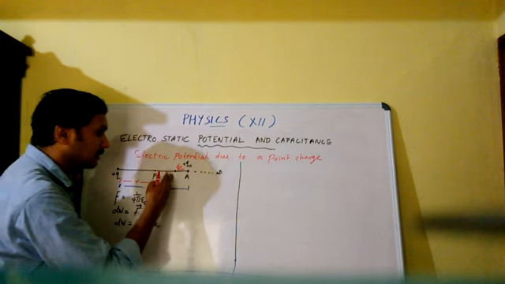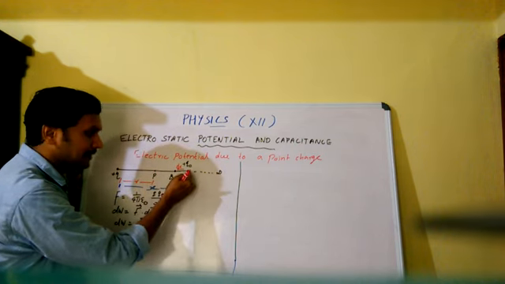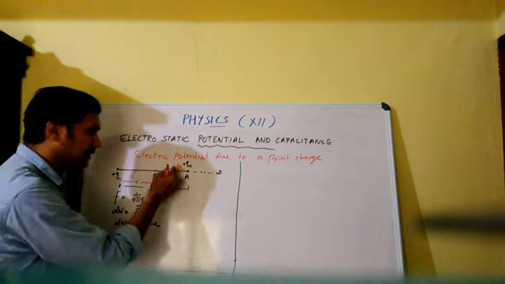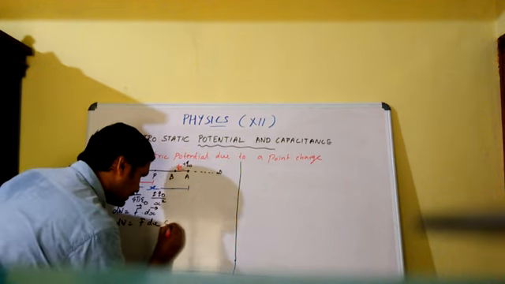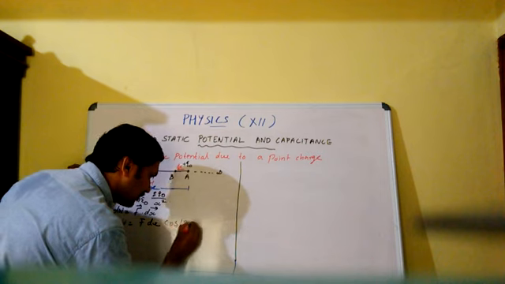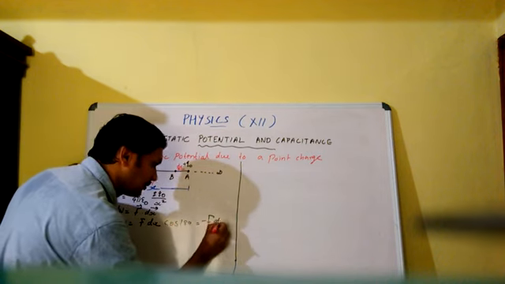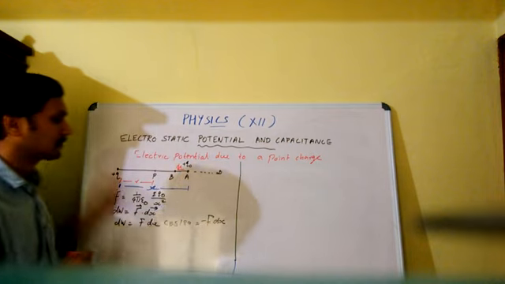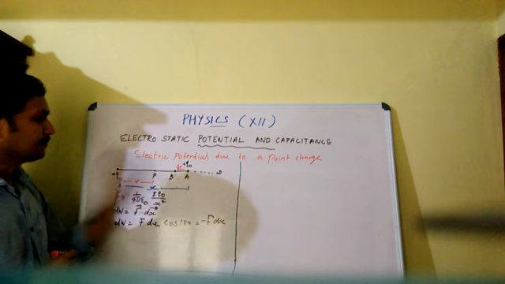The electrostatic repulsive force is in this direction and our displacement is in the opposite direction. The angle between dx and F is 180 degrees. So we are writing F dx cos 180. Cos 180 is minus 1. So we get minus F into dx. This much work is required to move the charge from A to B.